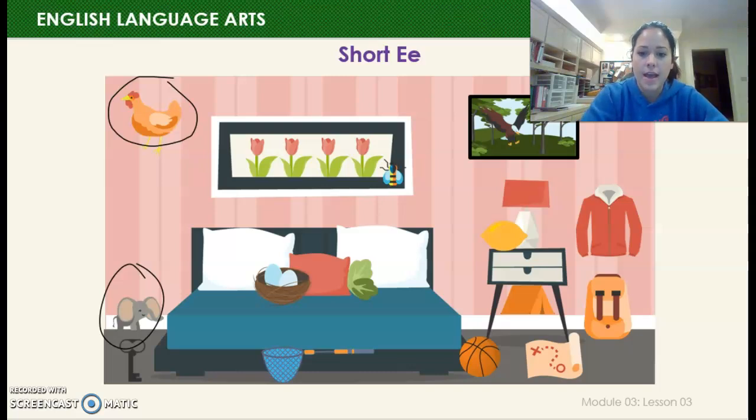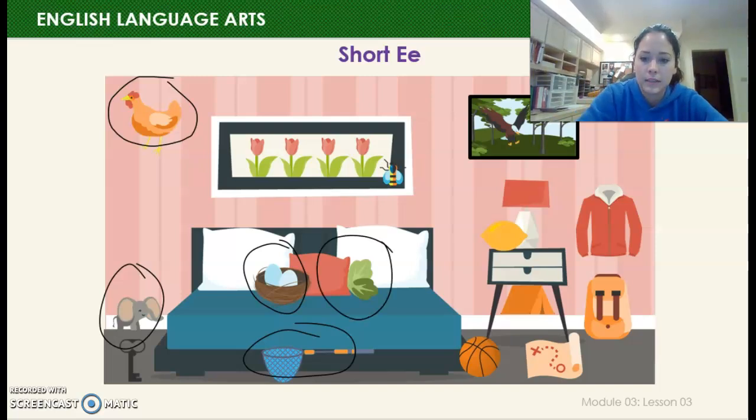Do you hear eh in nest? Good job. There's a net below the bed. What sound do you hear in net? Eh. I think we should circle it. Okay, now what about lettuce? Lettuce. Eh. Good job.